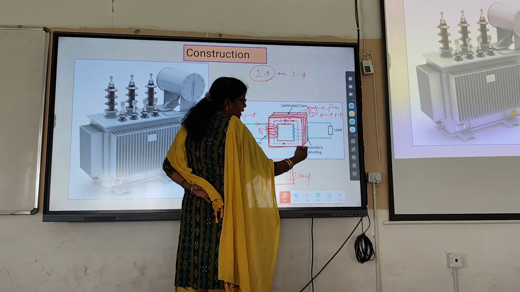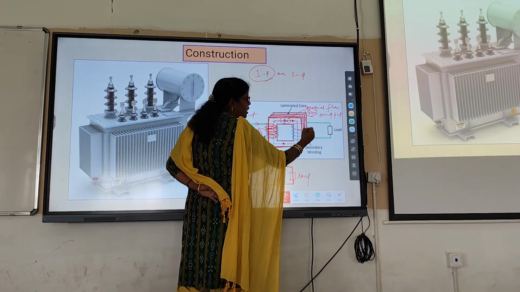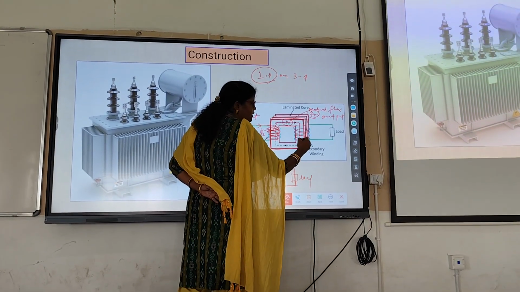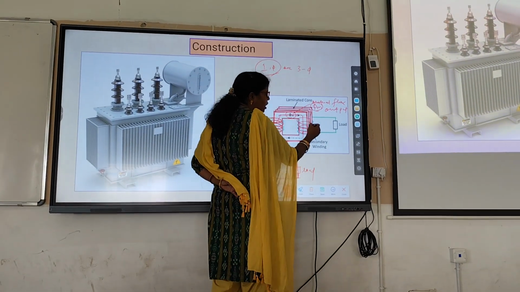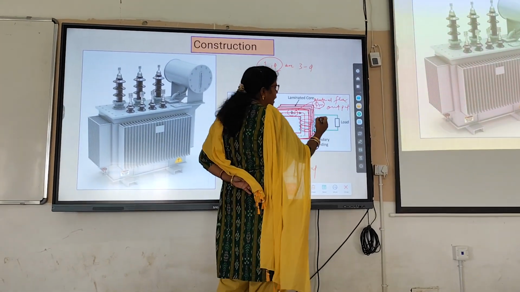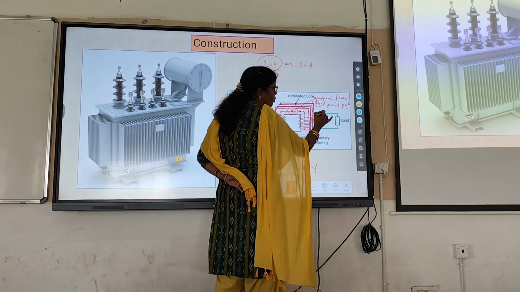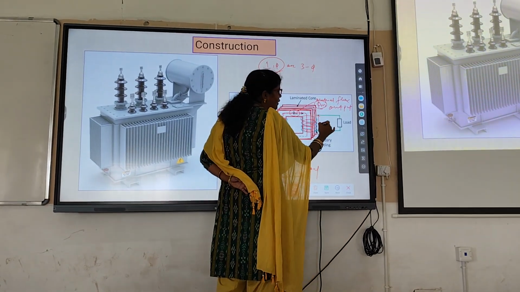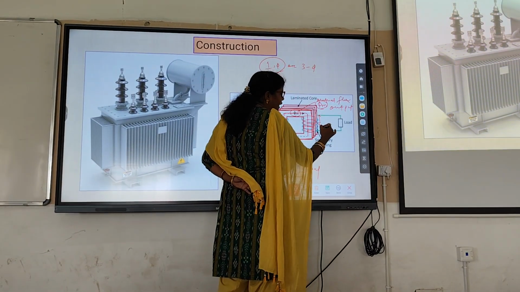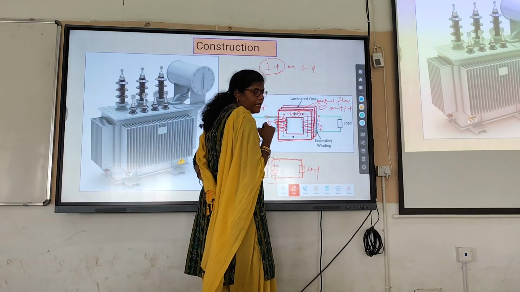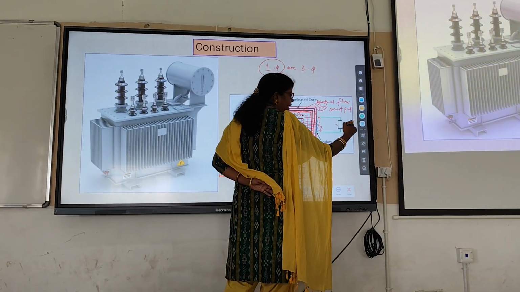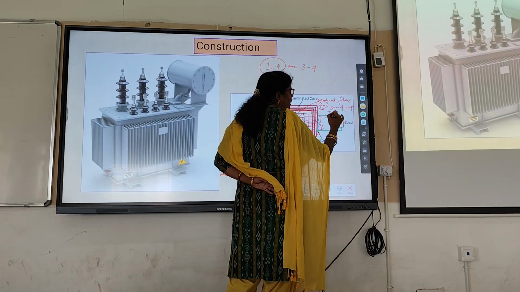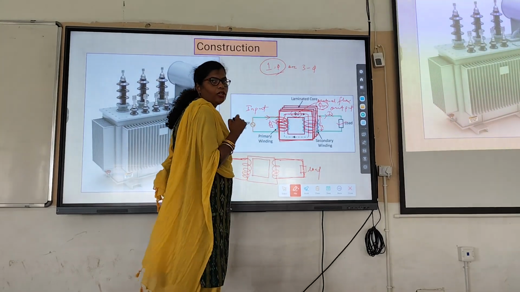Then this flux is caught by the secondary winding. When the flux links with the winding, according to Faraday's laws of electromagnetic induction, there is an EMF E2. Since there is an EMF and you have also connected a load, the load demands a current I2.